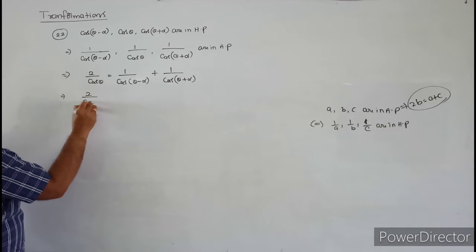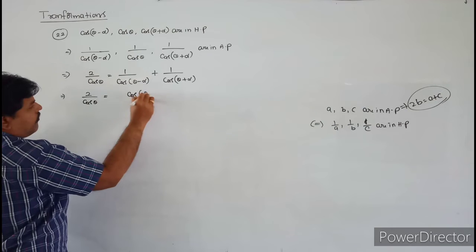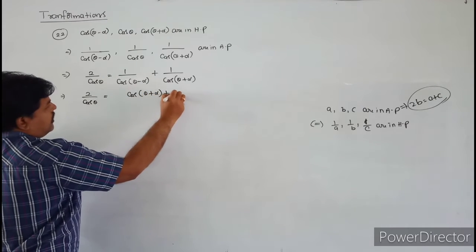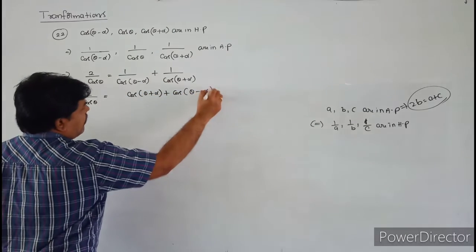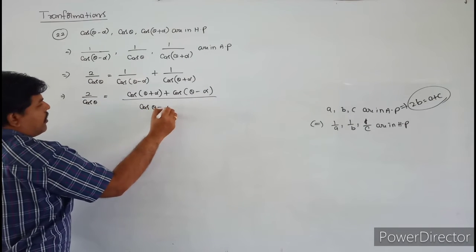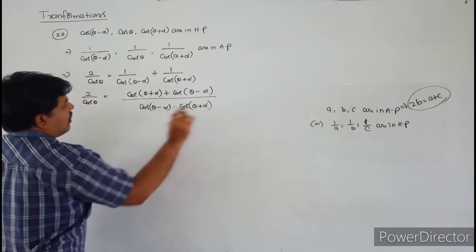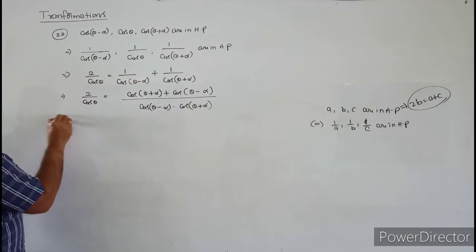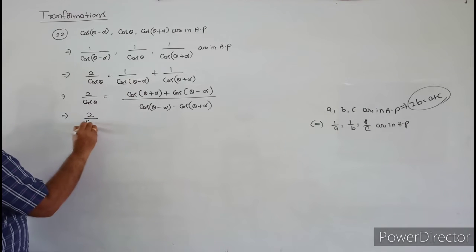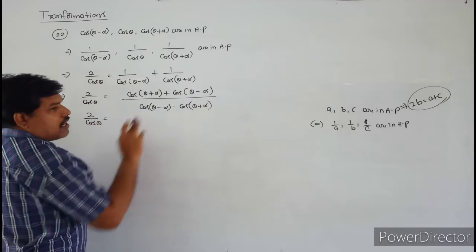So that implies 2 by cos theta is equal to, take the LCM, students, what it will become: cos(theta plus alpha) plus cos(theta minus alpha) by cos(theta minus alpha) into cos(theta plus alpha). So that implies 2 by cos theta is equal to cos(A plus B) plus cos(A minus B).